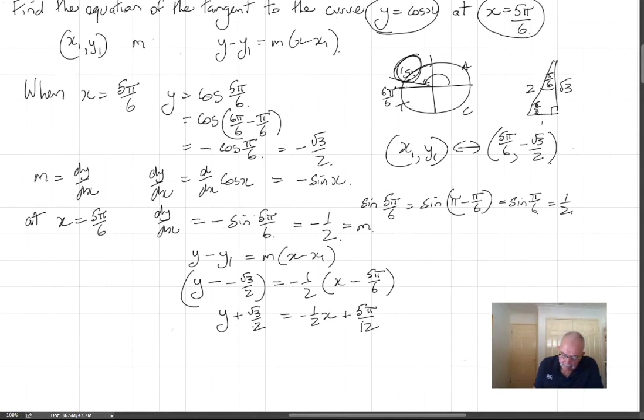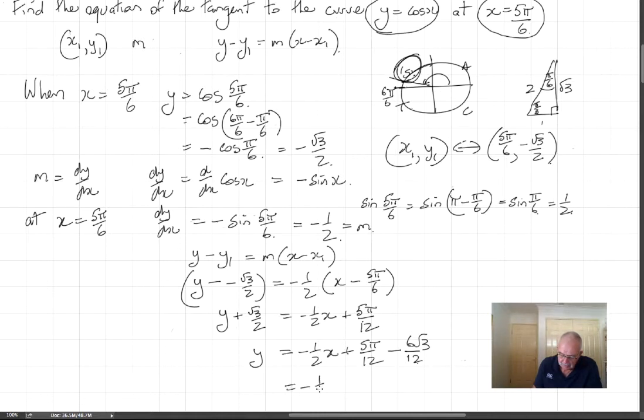So we want to get y by itself, so that'll be equal to minus a half x plus 5π/12. Now we bring that over, it'll become minus √3/2, but we've got to make them both the same denominators. So we're going to multiply top and bottom by 6, so that'll be 12, 6√3. So I've multiplied top and bottom here by 6, so when it goes over, I've both got denominators of 12.